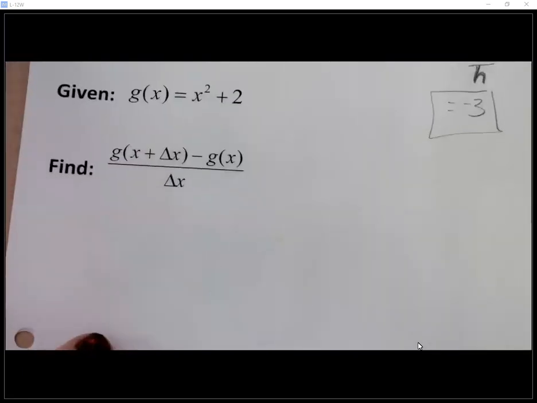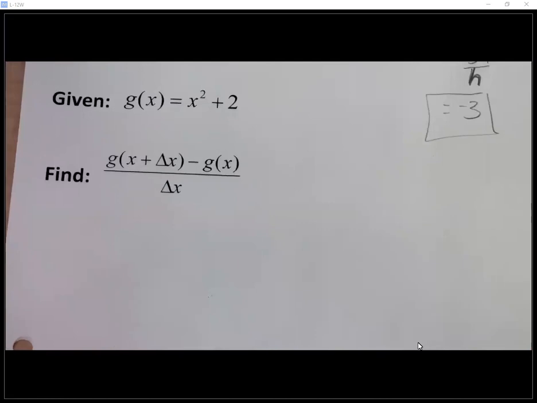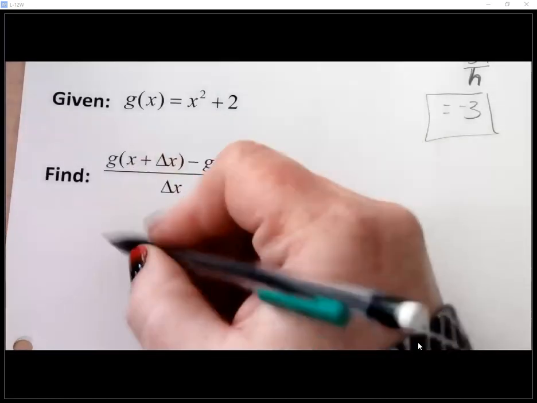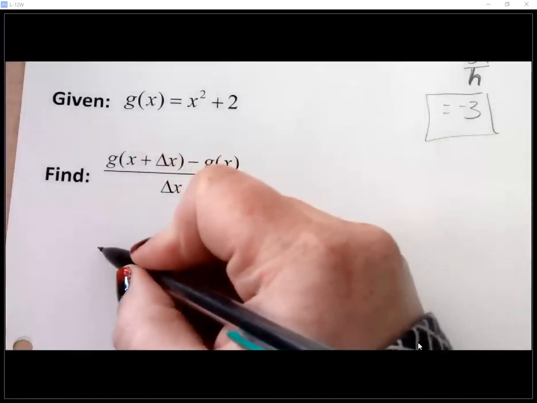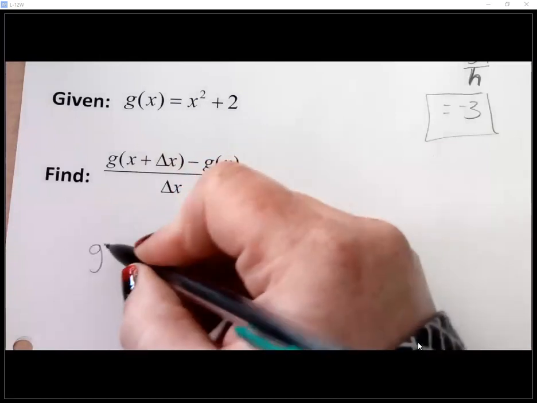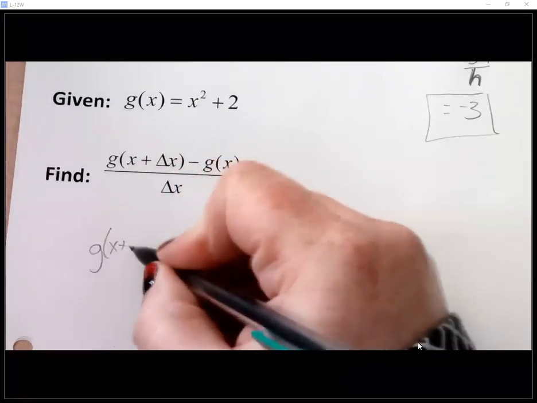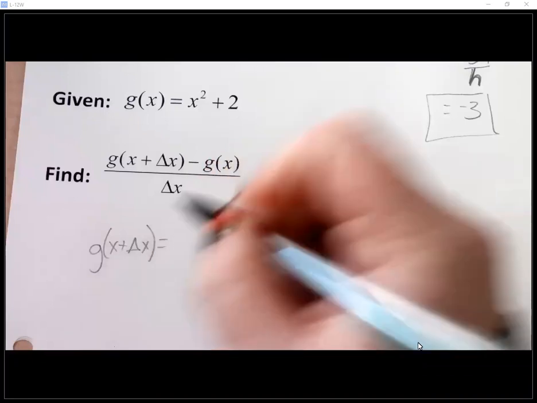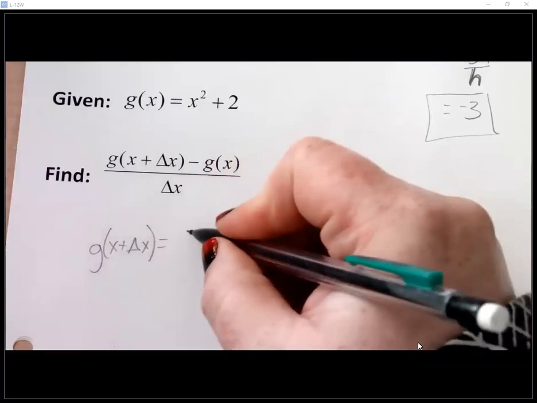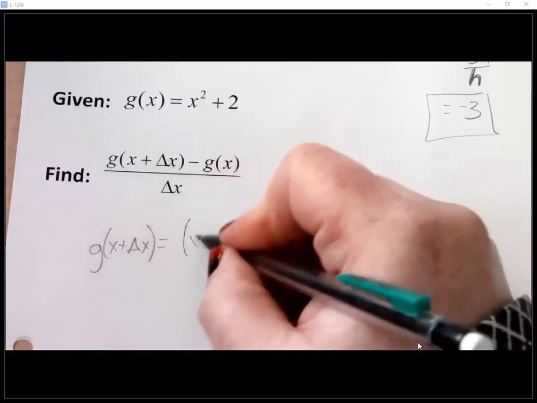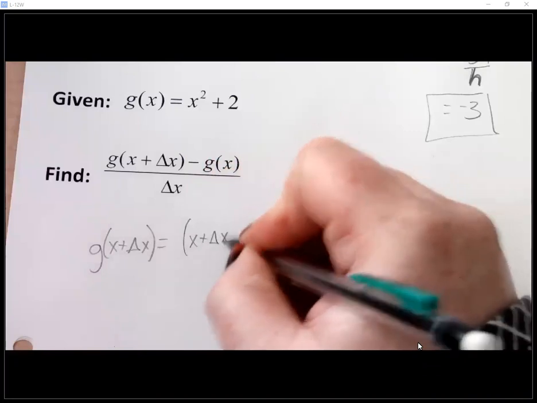I always like to do the first chunk sort of on the side before I put it into the whole thing. So if I'm going to do g of x plus delta x, I'm doing x plus delta x squared plus 2.